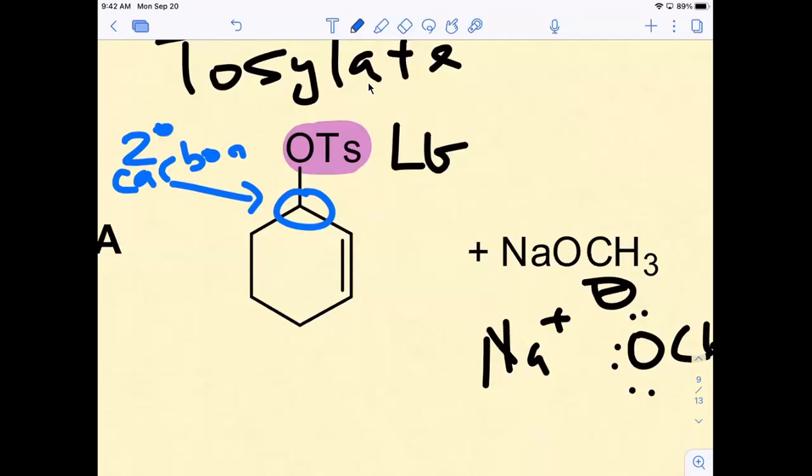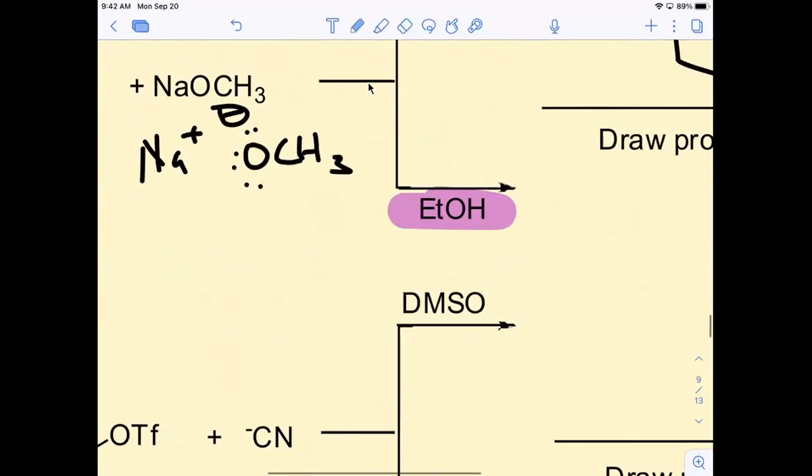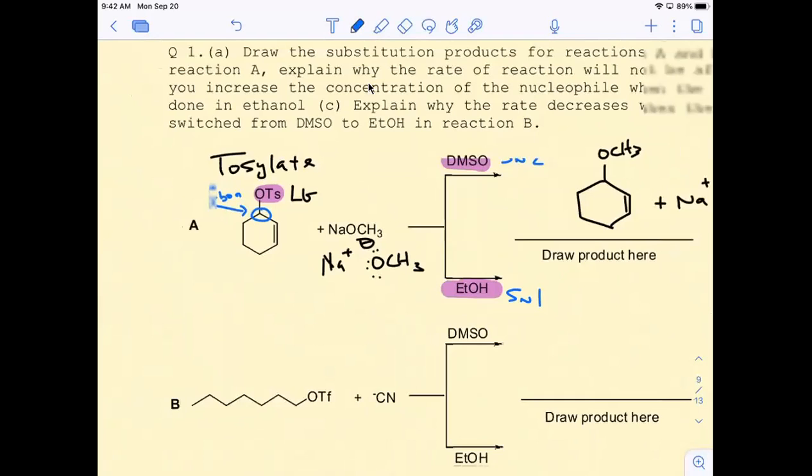Notice I have two different solvents here. And that's just to illustrate the fact that the mechanism can be different based on the solvent, right? If it's done in an aprotic solvent, that's going to point to an SN2 type mechanism. If it's done in a protic solvent, it's going to point to an SN1 type mechanism, right? Because remember, aprotic solvents facilitate SN2, protic solvents facilitate SN1.